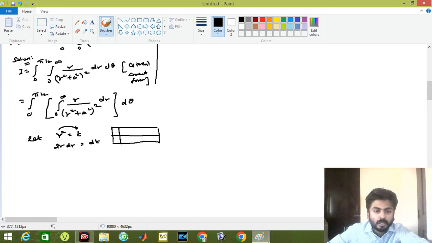The limits of r are 0 to infinity. When r equal to 0, 0 square equal to t, so t is also 0. When r equal to infinity, infinity square is also infinity, so t is also infinity. Therefore there is no change in limits.